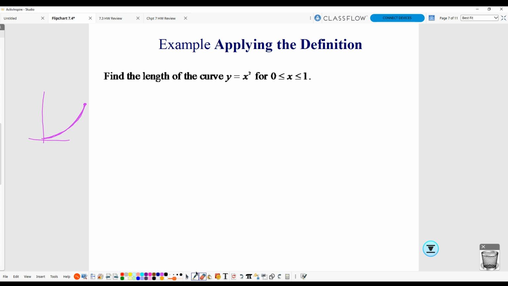So Reese, what do we do? You integrate from 0 to 1 square root of 1 plus 2x squared.